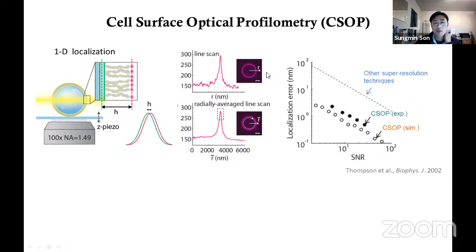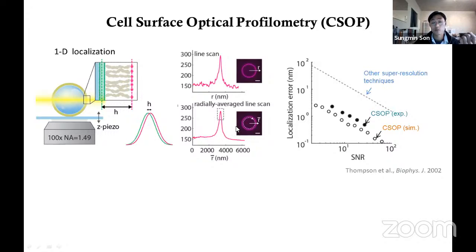So basically, a simple line scan will give you this Gaussian-looking signal distribution, and you usually try to localize what the location of this is. But if you're radially averaging those signals, your background noise reduces significantly while your signal remains the same. Right, so I used the expanding circle to ask how the fluorescent signal is changing over this radius. So basically, this signal-to-noise boost from the top to the bottom panel is what gives the precise resolution of this technique.